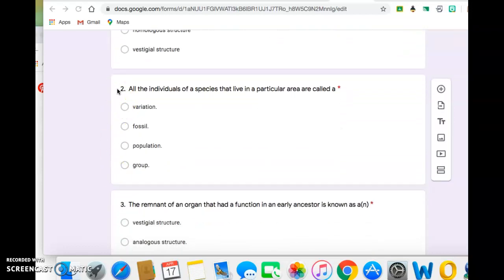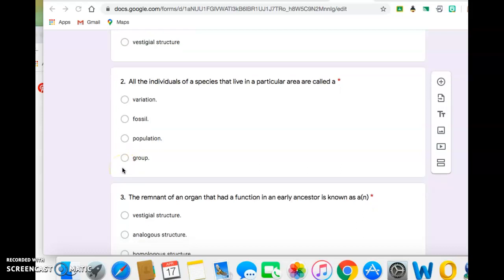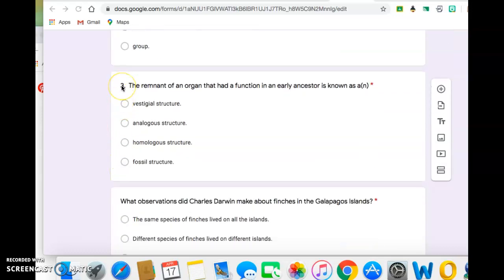All of the individuals of a species that live in a particular area are called a variation, fossil, population, or group. Number 3. The remnant of an organ that had a function in an early ancestor is known as a vestigial structure, an analogous structure, homologous structure, or fossil structure.